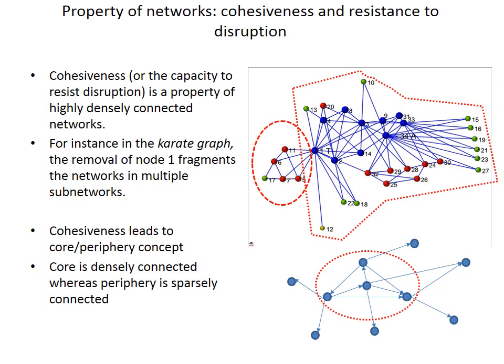The final concept I'd like to introduce in this lecture is the concept of cohesiveness. We say that a network is cohesive if it is difficult to split it into non-communicating subnetworks. For instance, if we look at the karate graph, we notice that it's relatively highly connected, but there are some points of fragility.